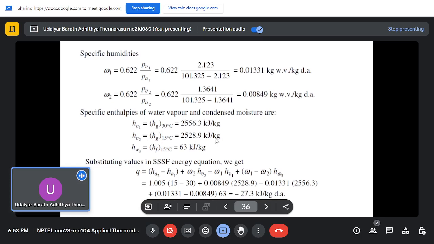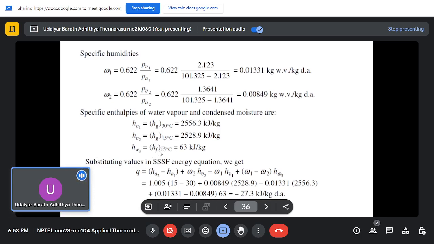So now we know both the enthalpy values, and HW3 is nothing but the enthalpy of water at 15 degrees Celsius, which is 63 kilojoule per kg. That is saturated liquid.